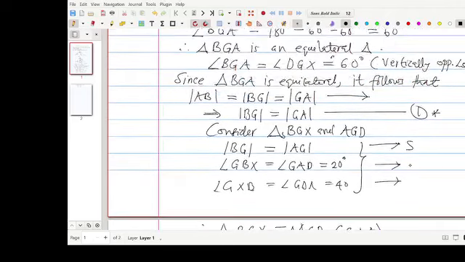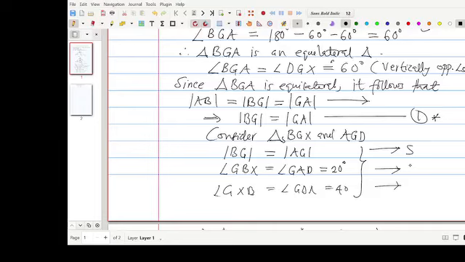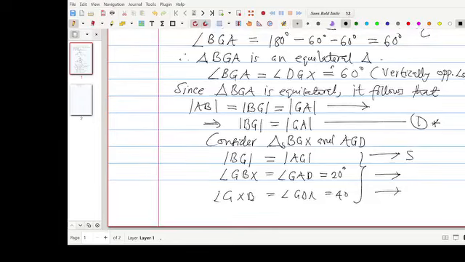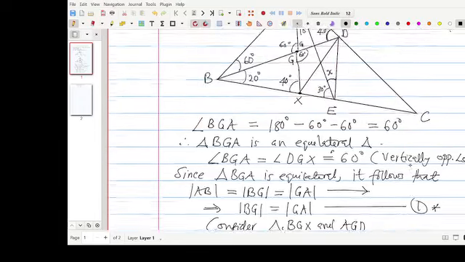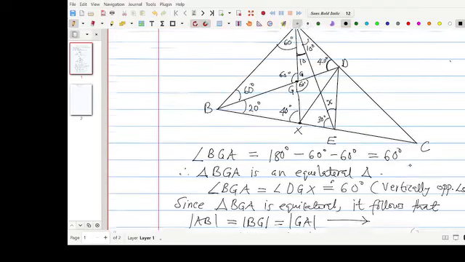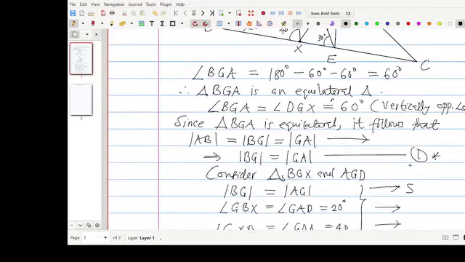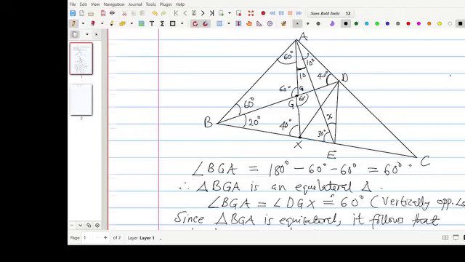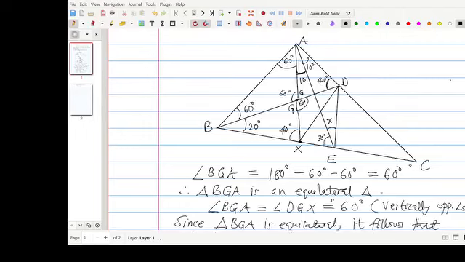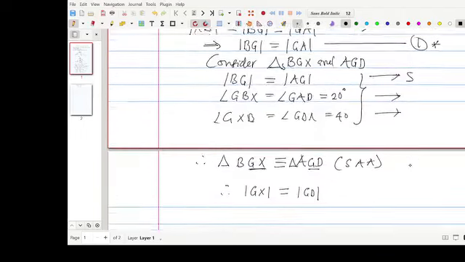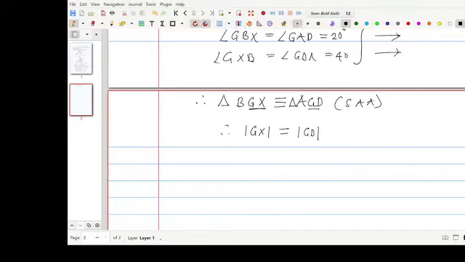Now, from 1, look at 1. In 1, we established that GB is equal to GA. Let's locate it in the diagram. Look at GB, and then we have GA over here. All right. Can you see that in the diagram? Now, we shall do something to 1. The following is very vital.